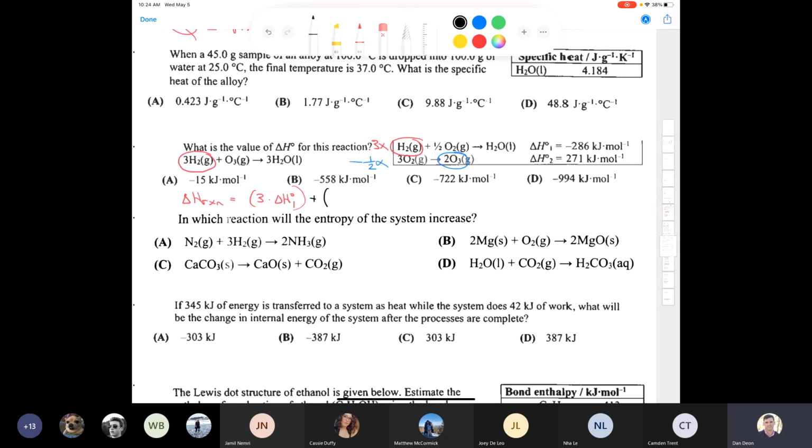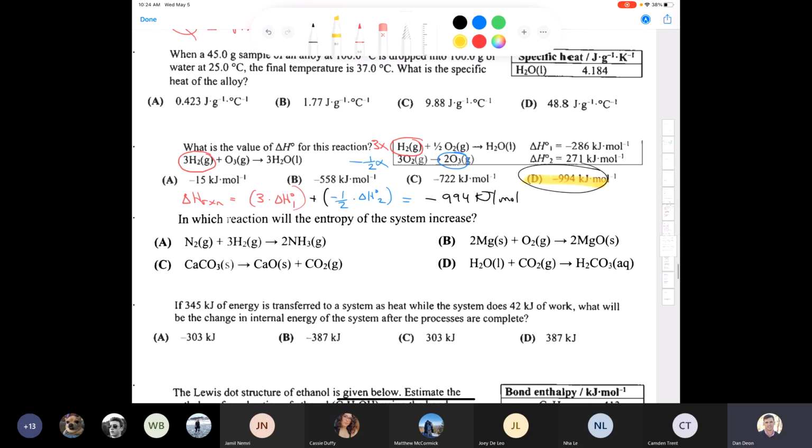Essentially, you'd be tallying up negative 1/2 multiplied by delta H naught 2, like that. When you do all that, you end up punching all that into your calculator, and you end up with a delta H for your reaction, which is negative 994 kilojoules per mole, which is D.